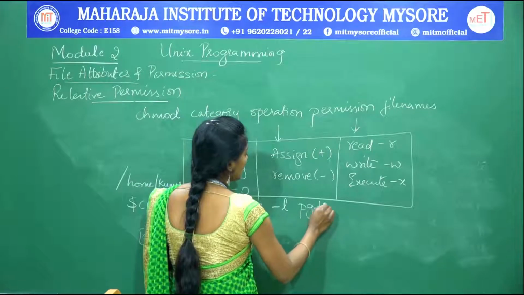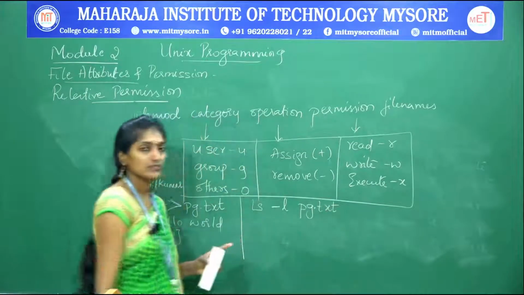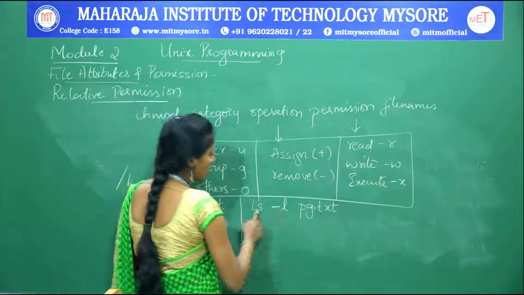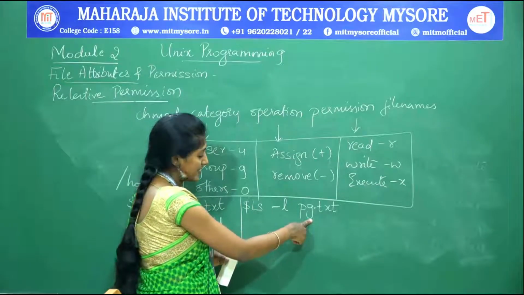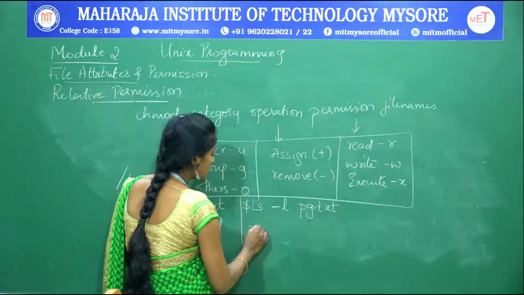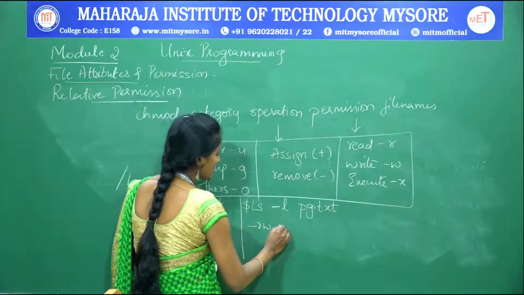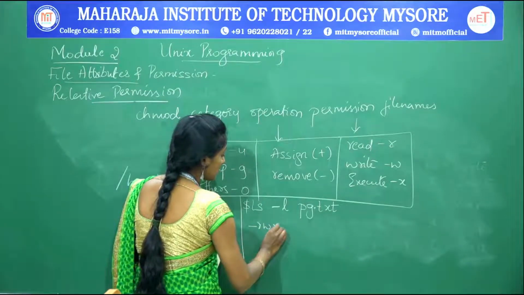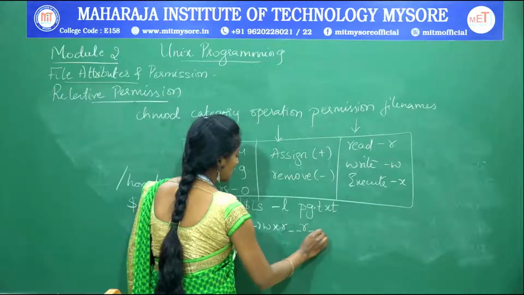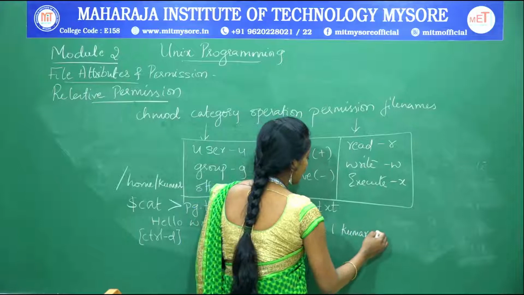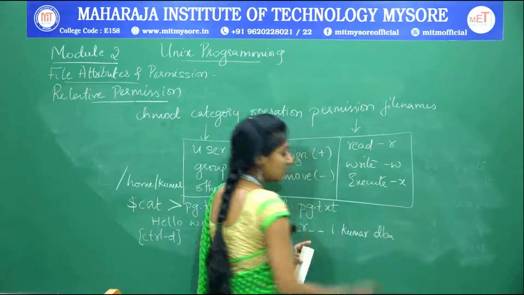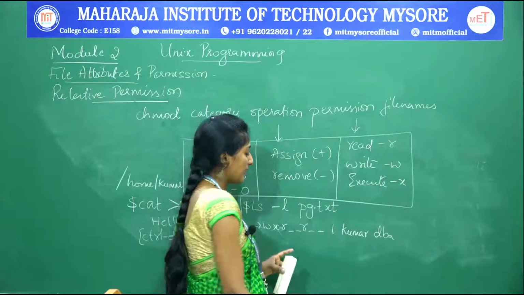So I run ls -l pg.txt, and it is going to list all the permissions like this. This belongs to Kumar and this belongs to some group, DBA.